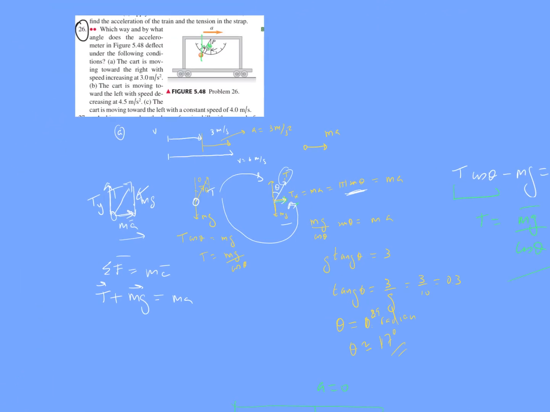So try to do part B, which is interesting, and reproduce the result. I hope I have been clear enough to solve this problem. So when you see an object with acceleration, the object of mass m will have a vector m by a. And whatever happens, the sum of all the forces has to be m by a.